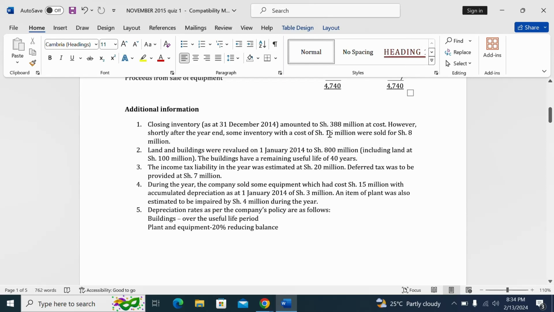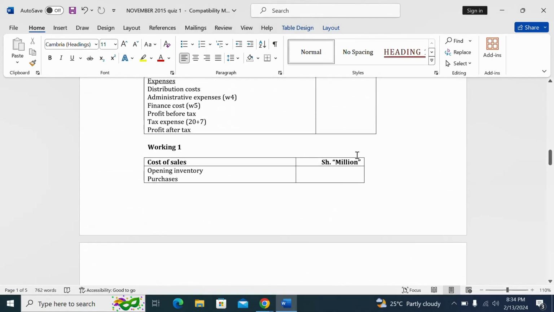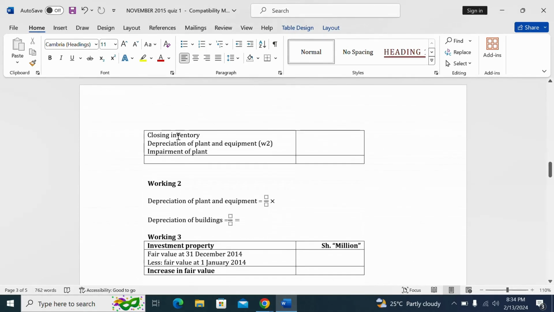Therefore, you are going to take 388 million, deduct this 15 million and add this 8 million. Or what you are saying is, you take 388 million, remove this 15 million, and replace it with 8 million. Let us do that very fast. If I come to my working note number 1, where I have the closing inventory, I have said you take the total closing inventory, which is 388 million.